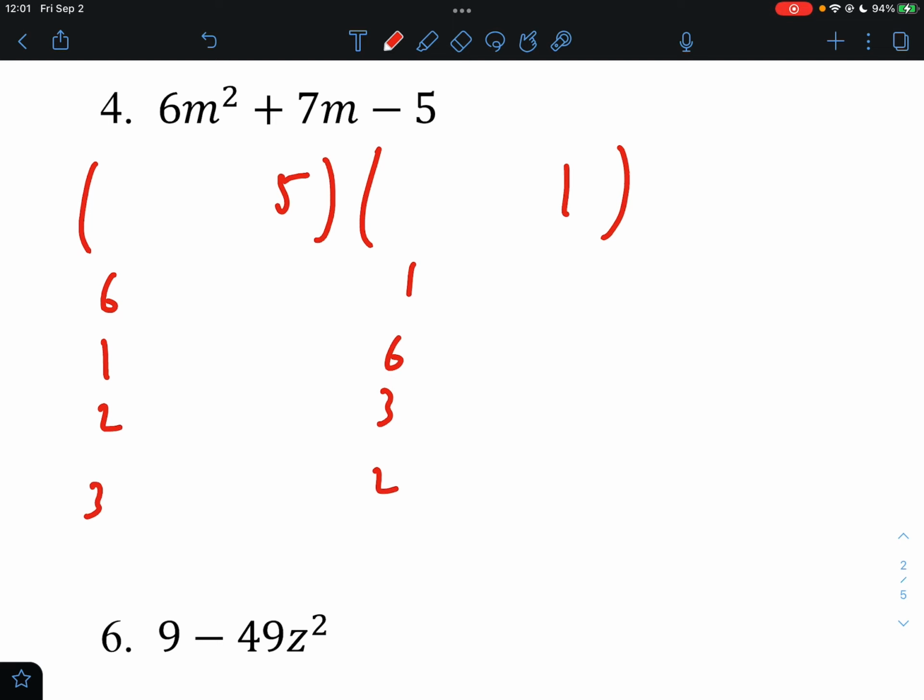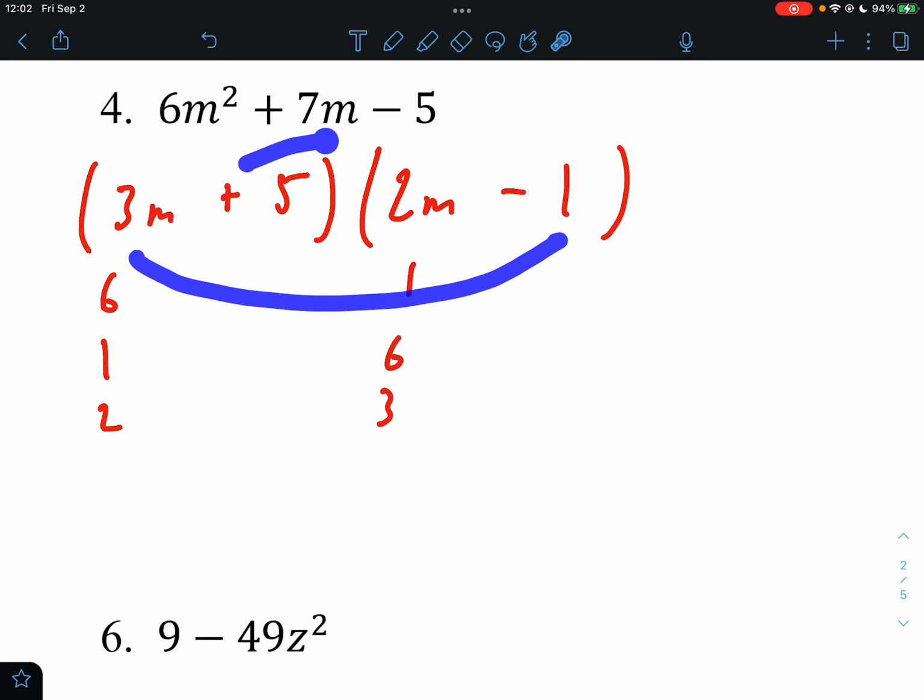So let's just take our best guess and see. Remember, the insides have to add to 7. So if I was to guess, let's go 3m and 2m. That would be that bottom one there. And if I wanted plus minus, let's see what we would get. -3, +10.